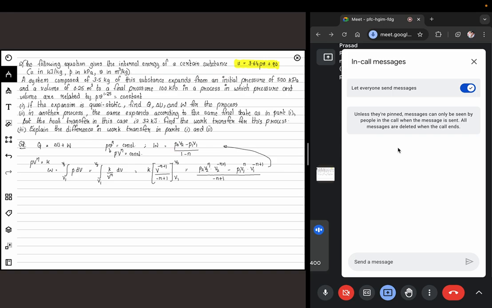I know my initial pressure, I know my initial volume, I know my final pressure, and I can also calculate the final volume using this particular relation. So from there I can use this to calculate the work done. So what is the final volume?